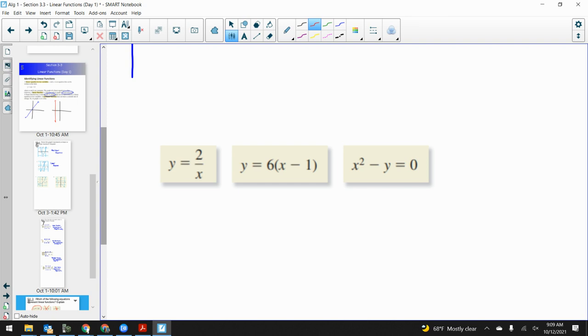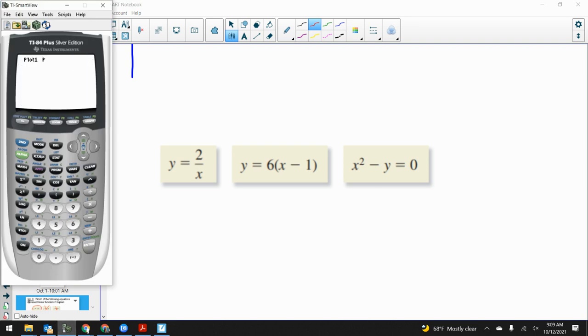Take a look here. What about y is equal to 2 over x? You want to know what this is going to look like in the end? Watch my graphing calculator here. 2 over x. You think it's a straight line?